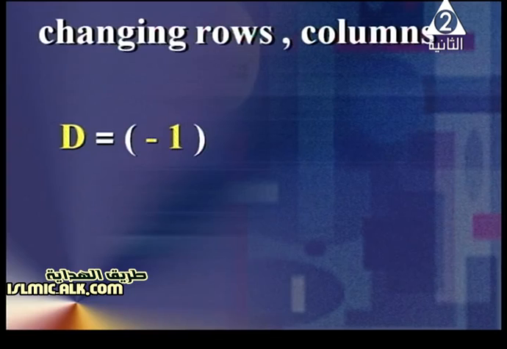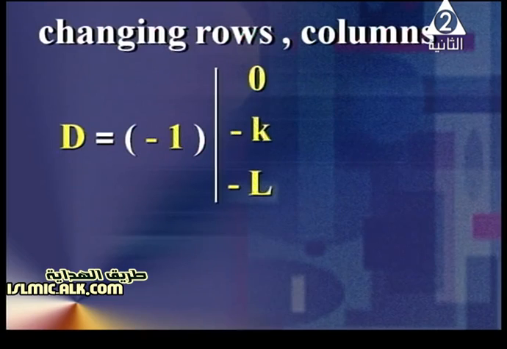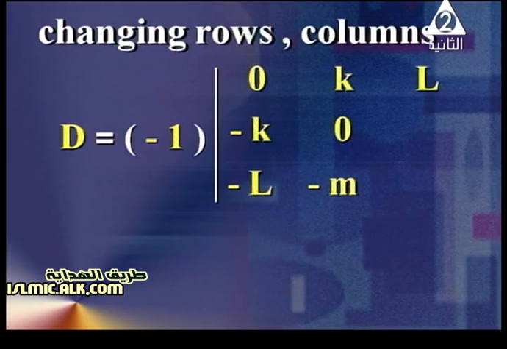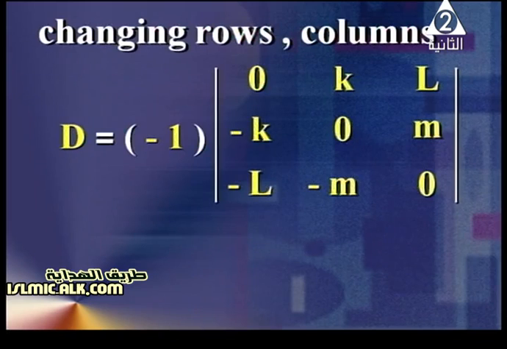Change the rows and the columns, then the determinant is negative 1 multiplied by the brackets. After we change all the rows and columns, look: the first row becomes 0, K, L; the second is negative K, 0, M; the third row is negative L, negative M, 0.